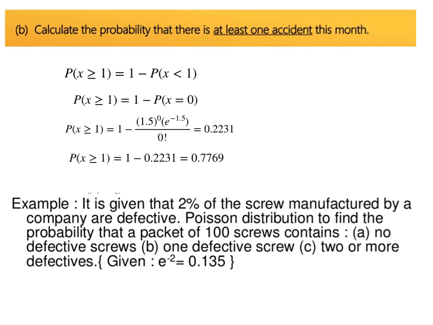As I told yesterday, the equal to sign has to be on only one side. So when I define the complement, we don't have P of x less than or equal to, we have only P of x less than 1, and P of x less than 1 is only P of 0. Substituting, the probability of at least one accident this month is 0.7769, which implies 78%.